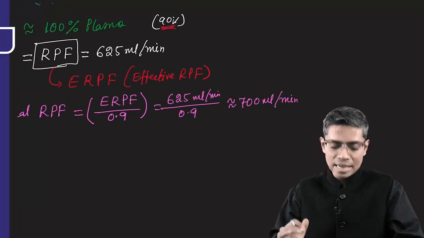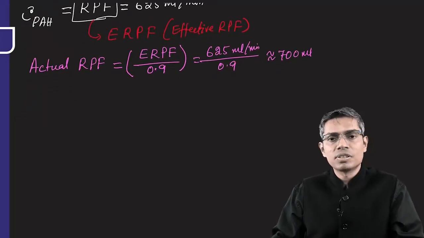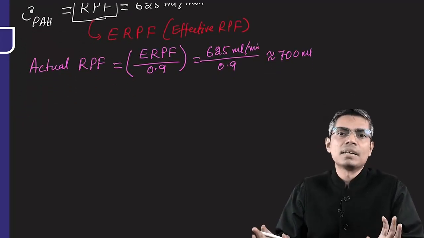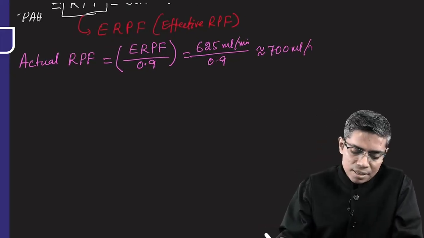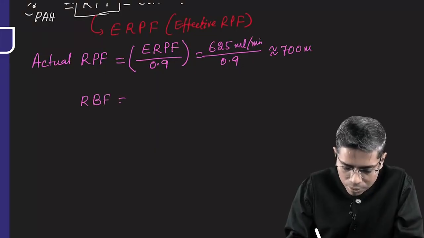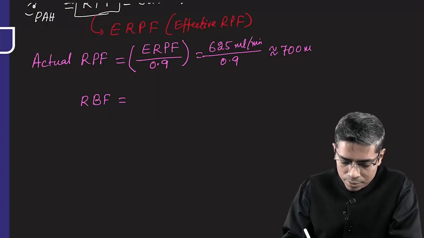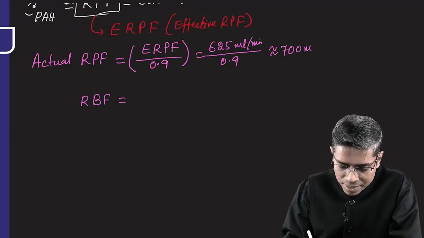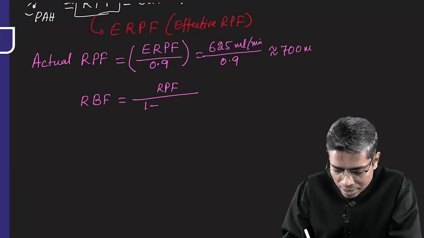Whatever you are measuring with the help of clearance of PAH is effective. For actual conversion, divide that value by 0.9. So this way the renal plasma flow is measured. And if you want to measure the renal blood flow, we all know that from plasma flow, to derive the blood flow, it is your renal plasma flow divided by 1 minus the hematocrit of the person.